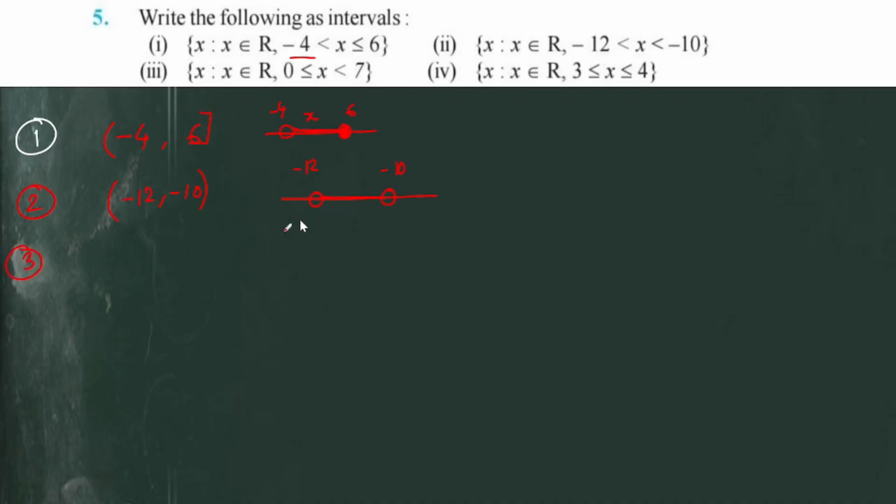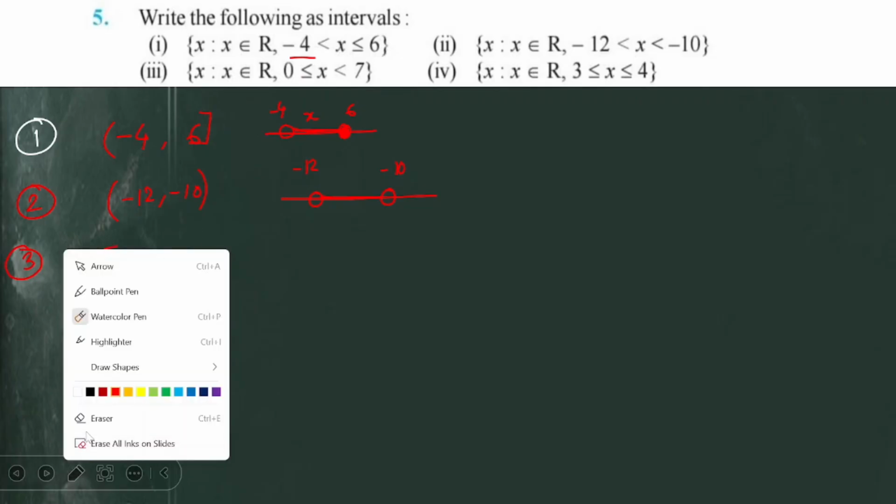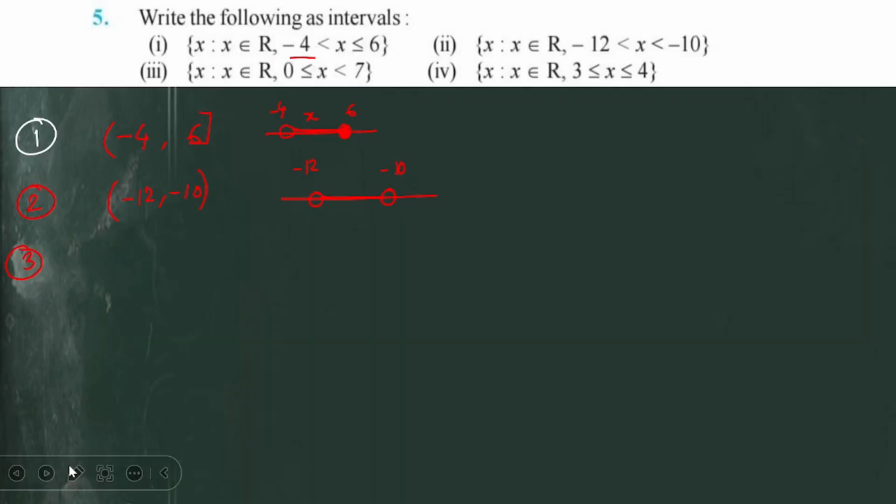Next, x such that x belongs to R, 0 less than or equal to x less than 7. So 0 is closed and 7 is open. So [0, 7).